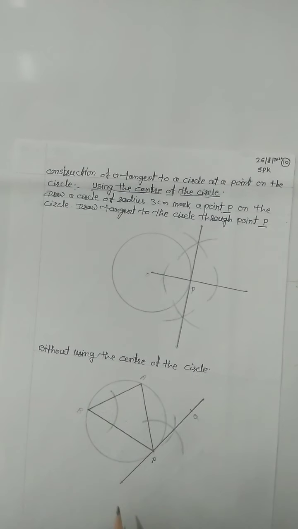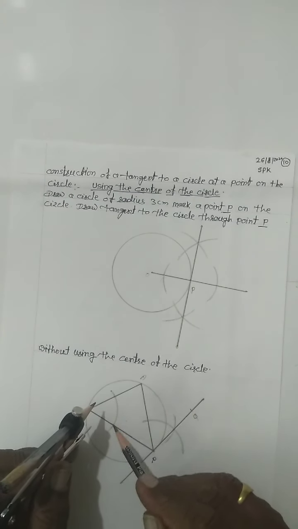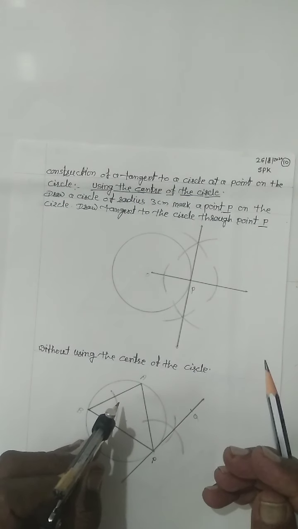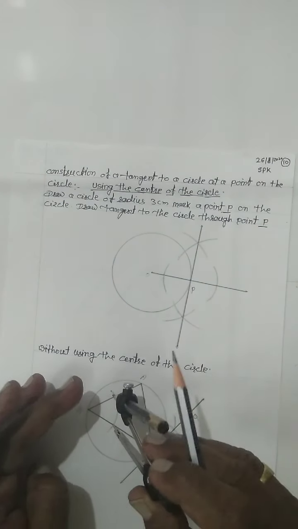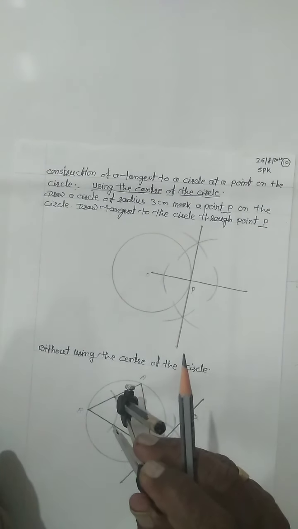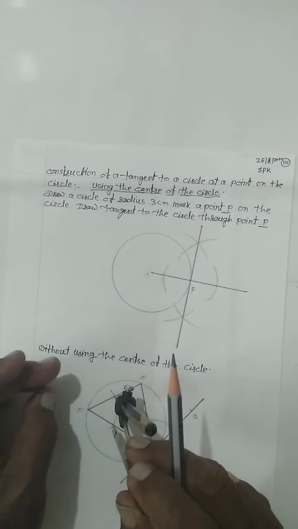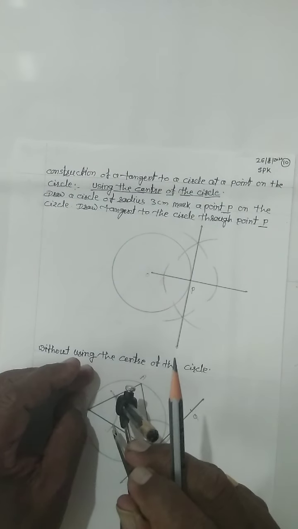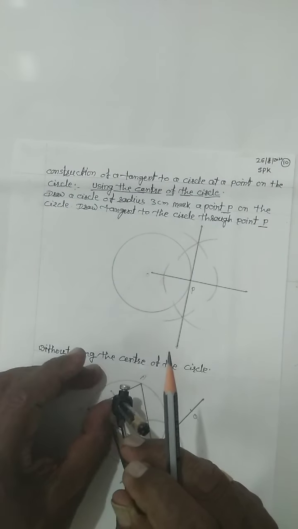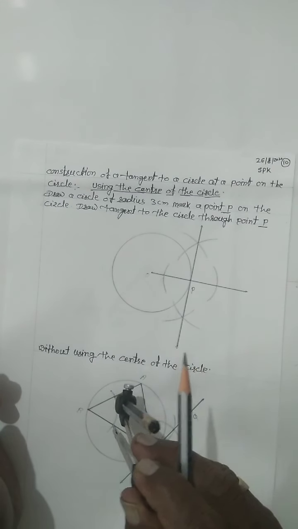Then take the distance between these two intersecting points of the arc. In this way we take the distance between the two intersecting points.